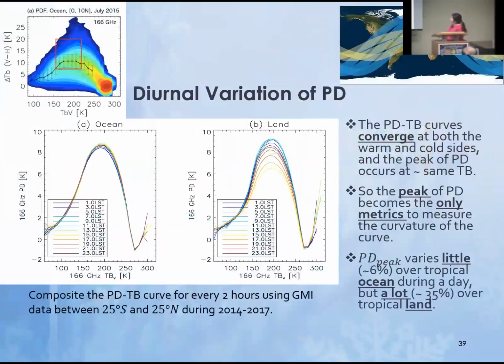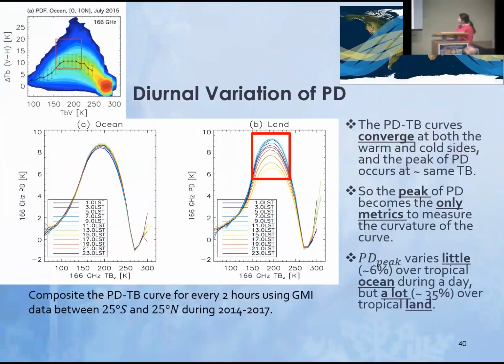This is the region we're going to focus on. This is also from GMI. We bin it into different local times, separated by 2 hours. Over land, it has as much as 35% difference, and over tropical ocean, only as much as 6% difference. That means the ice microphysics is actually changing as much as 35% during the cloud life cycle.